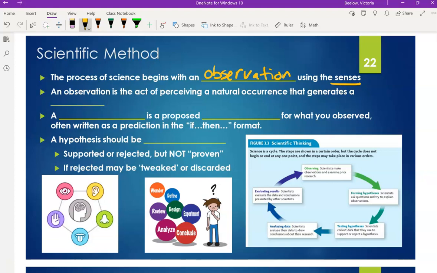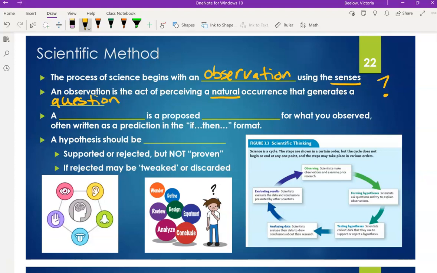And then typically that will generate a question. Sometimes you might just have the question without even observing or seeing something. Maybe you do. But basically the first step is you are starting with some type of question, okay? You have a question about something in nature.